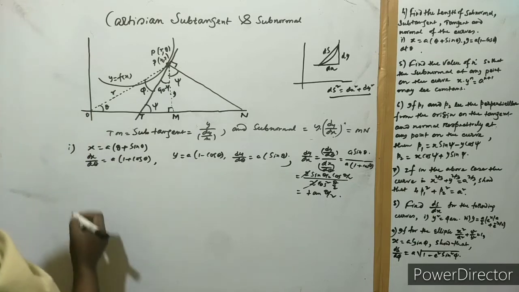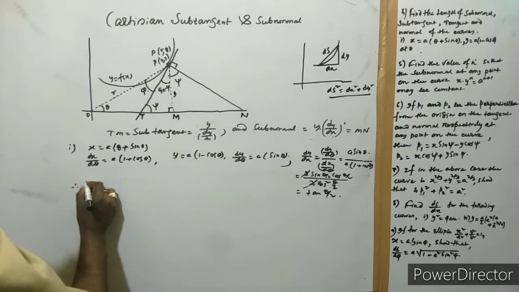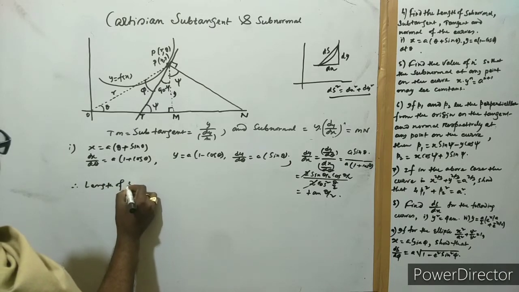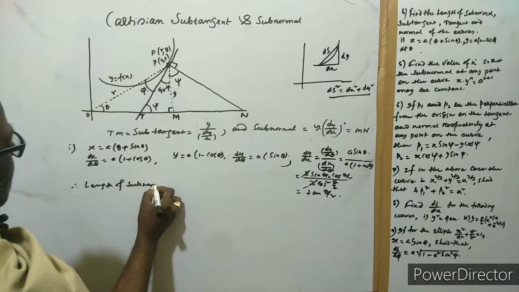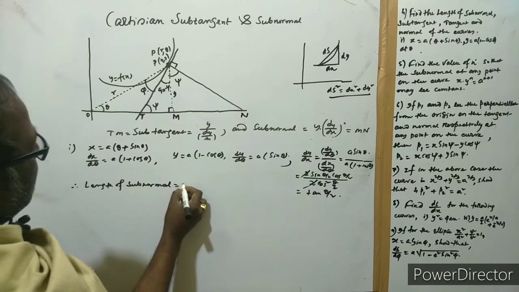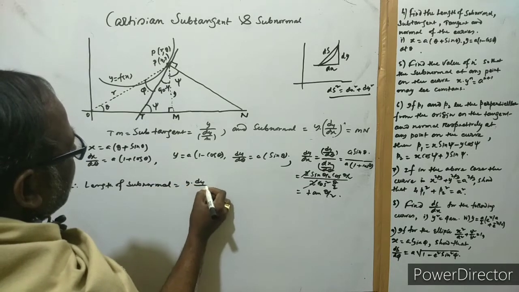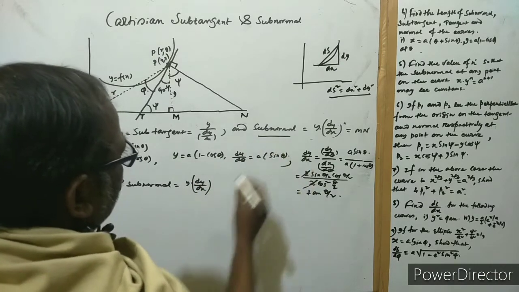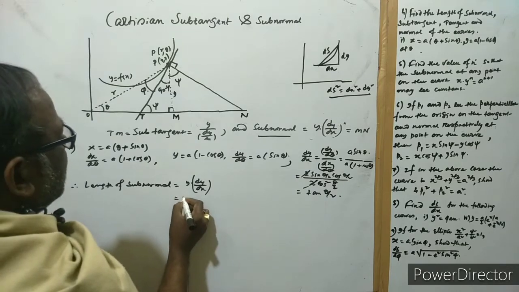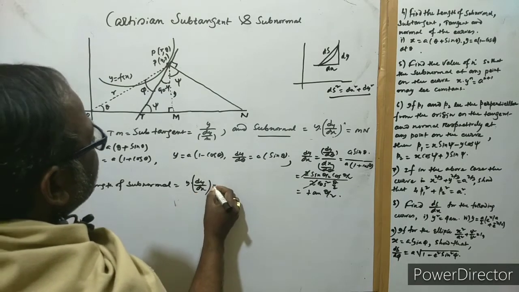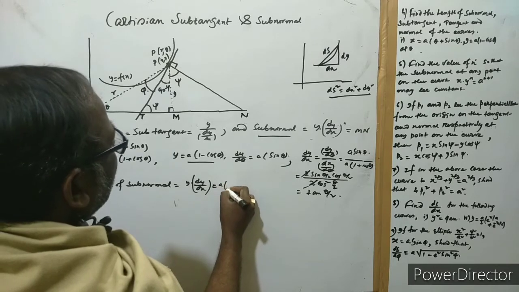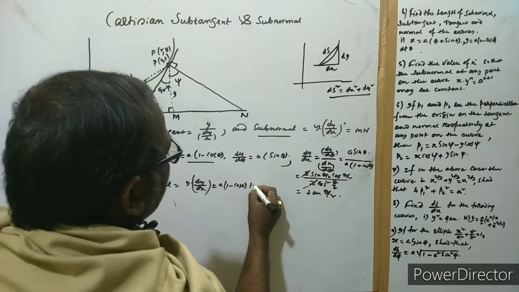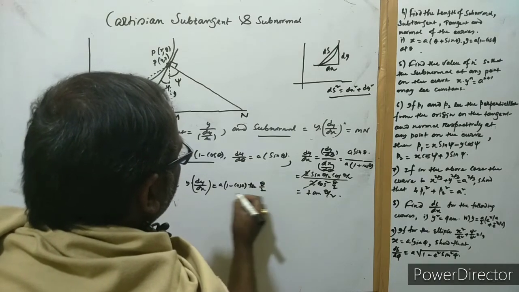Now the length of subnormal is equal to y into dy by dx. So y means here a into 1 minus cos theta, and dy by dx is tan theta by 2.